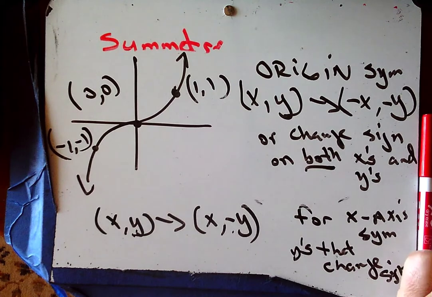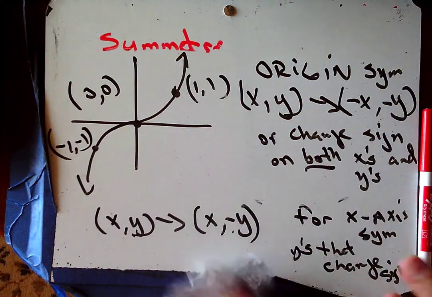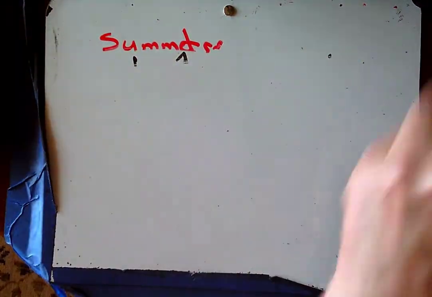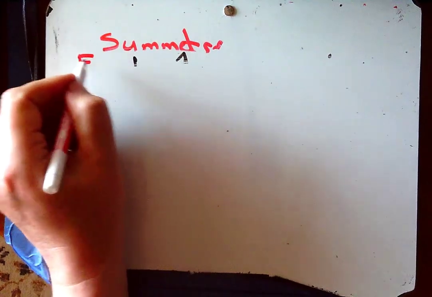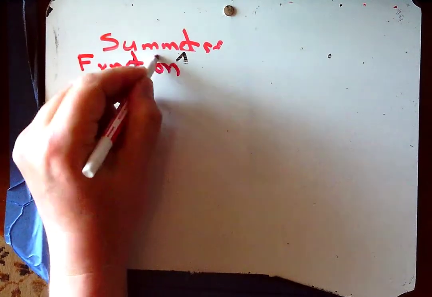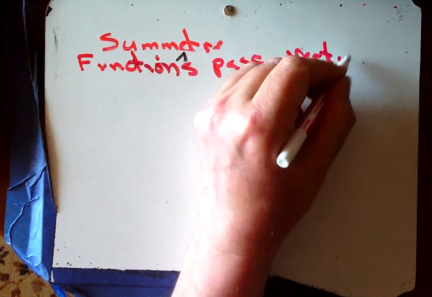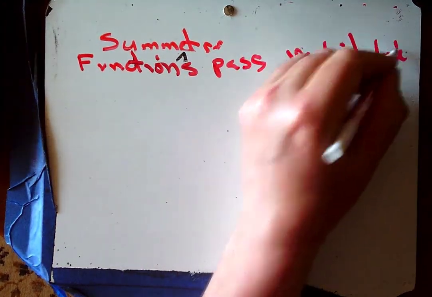Now, we got one other thing to talk about when we talk about symmetry, and that's the idea of functions and whether we have an even function or an odd function or neither. It turns out that, remember from last year in Algebra 1, functions pass the vertical line test.